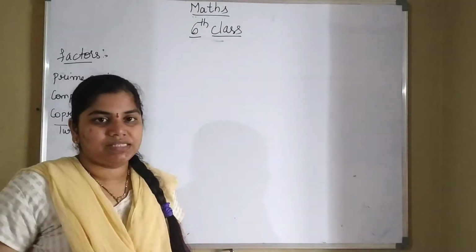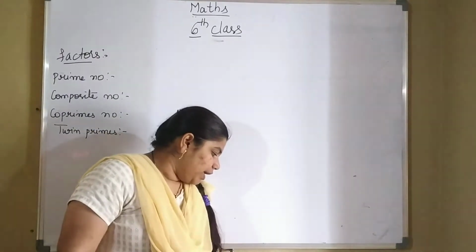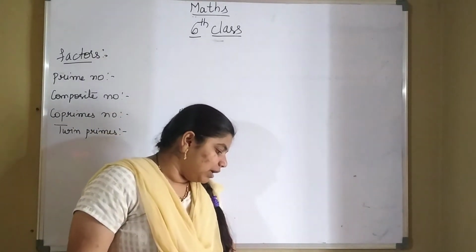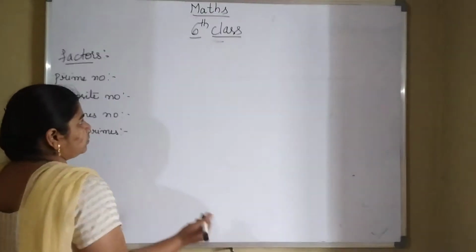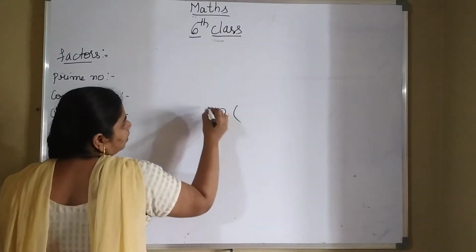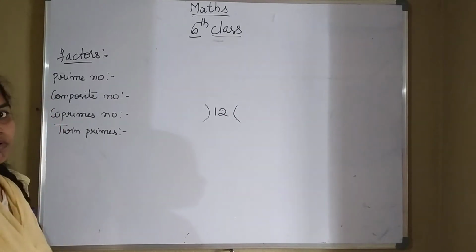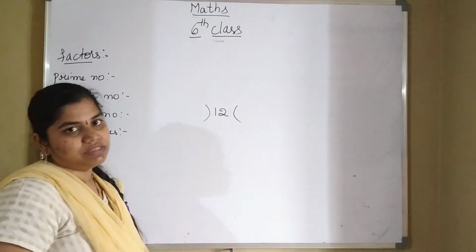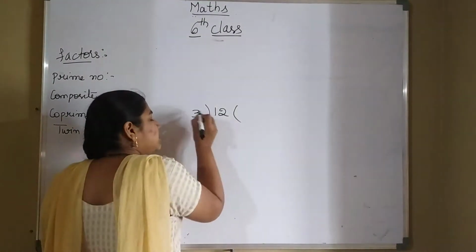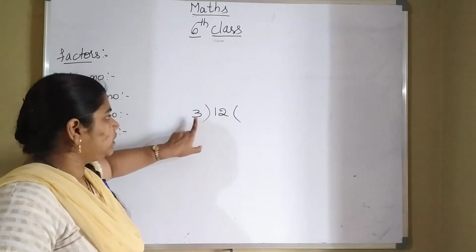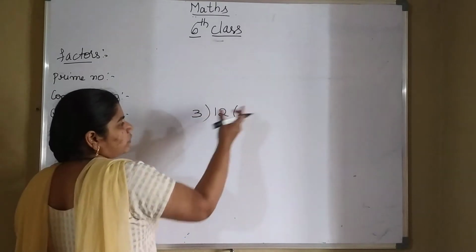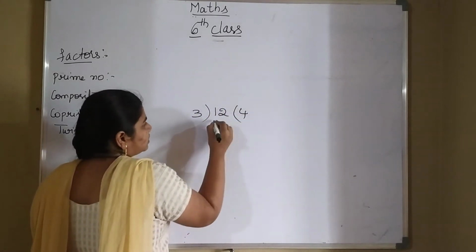A number which divides the other number exactly, we will call it as factors. So suppose you take 12 here. So what are the factors of 12 we will see here. So I am dividing this 12 with 3. How many times it will go? 3 4s are 12.